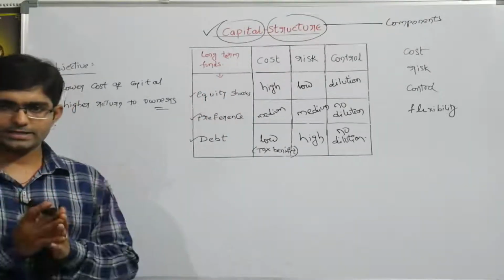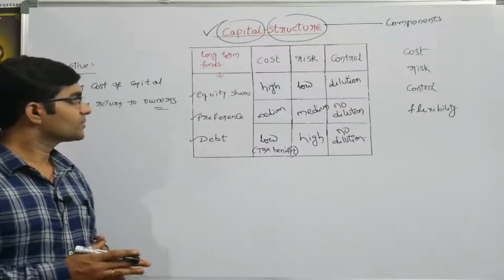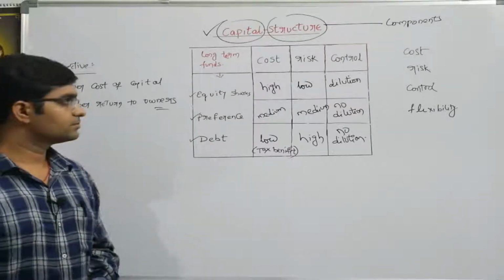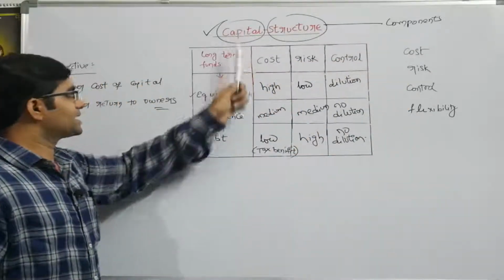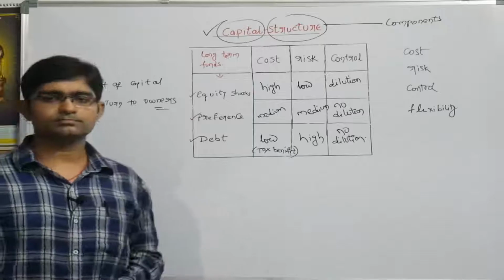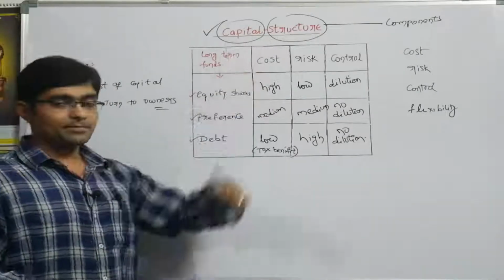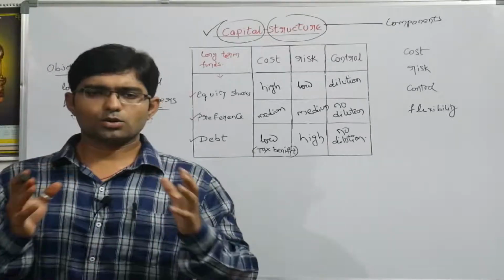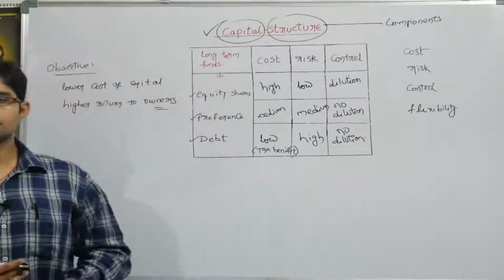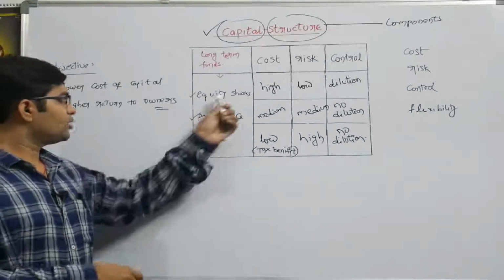Now let's join this and see what is capital structure. Structure is nothing but components, and what is capital we explained now. What is a capital structure? If I ask you to raise 100 crore capital, how will you raise? Through equity.